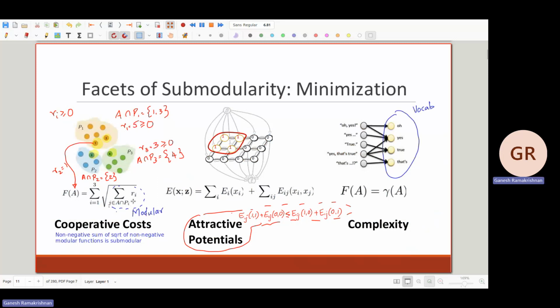So A intersection Pi is the cost, or the reward, associated with Pi. There's a mess facility. And some of these messes have a common mess. Some of the hostels have a common mess. So there's cooperative cost.